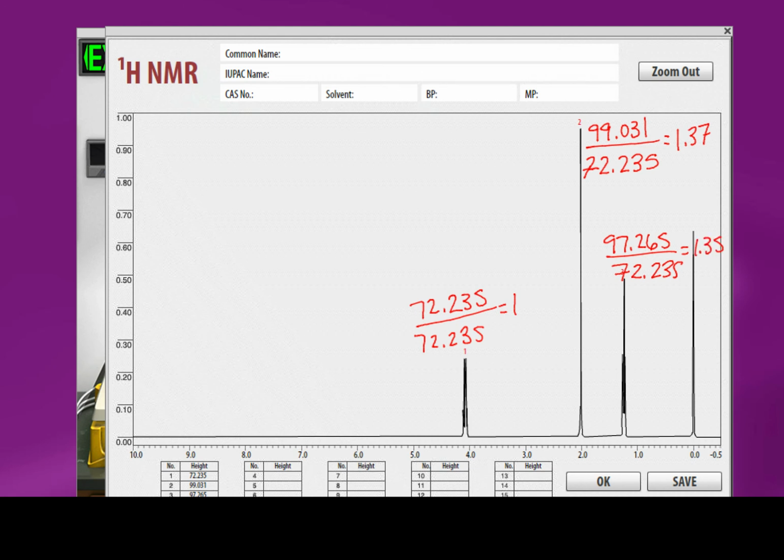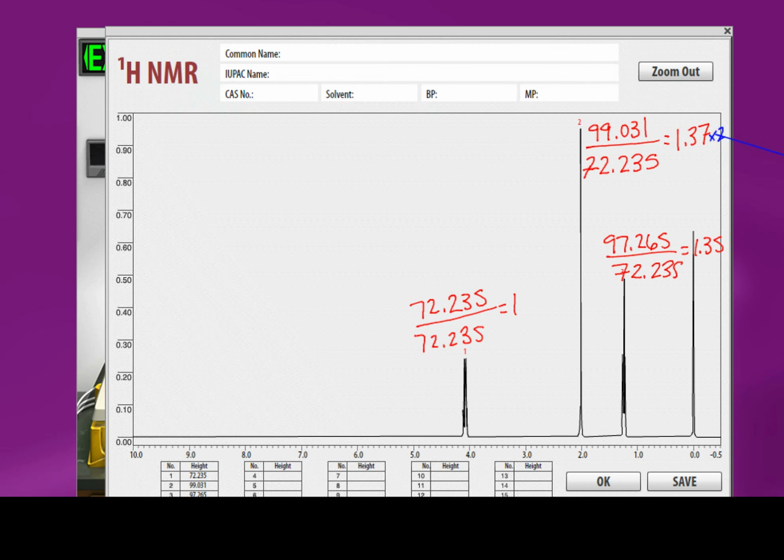So what you find is we have some integration values that aren't integers, and you can't have 1.37 or 1.35 hydrogen. So what we can do is multiply each of these by a number to get more normalized values. And it's not going to come out perfect in this case, but if you multiply the 1.37 and the 1.35 by 2, we're going to get a value close to 3.